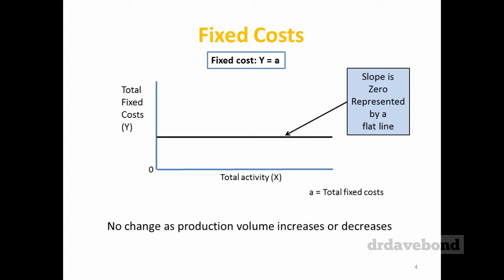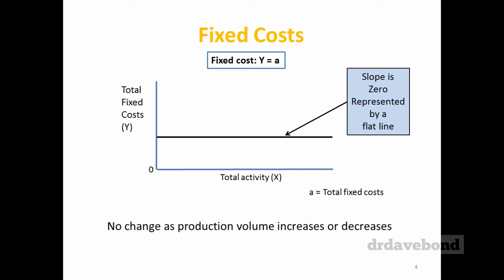So if you've got a fixed cost, y is the dollars on the vertical axis. Activity is just the number of units or the number of people turning up, whatever you want units to be, on the horizontal axis, the x-axis. If you've got a fixed cost, like the venue hire, there is no slope to it. It's a flat line with a zero slope.